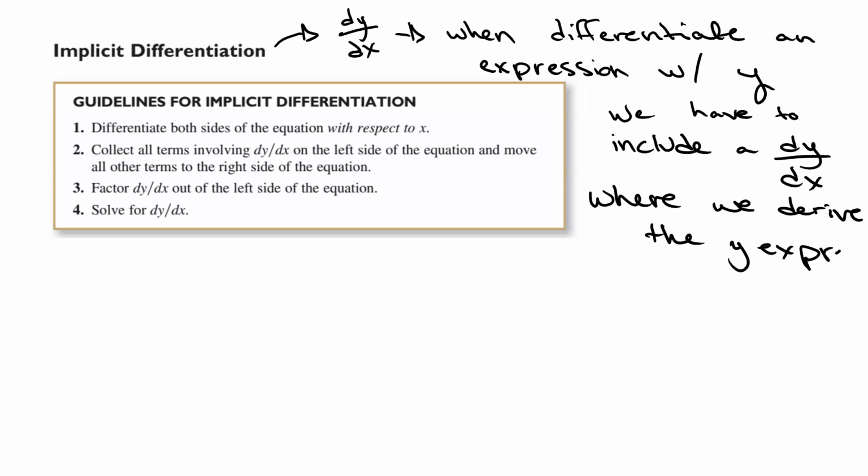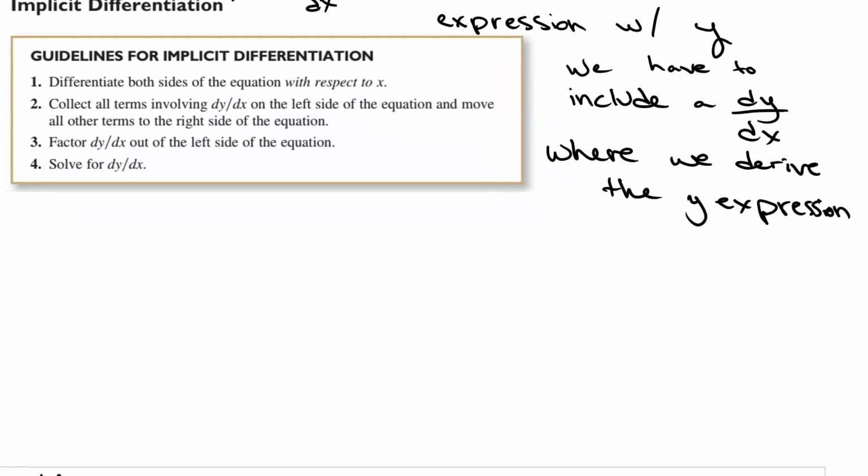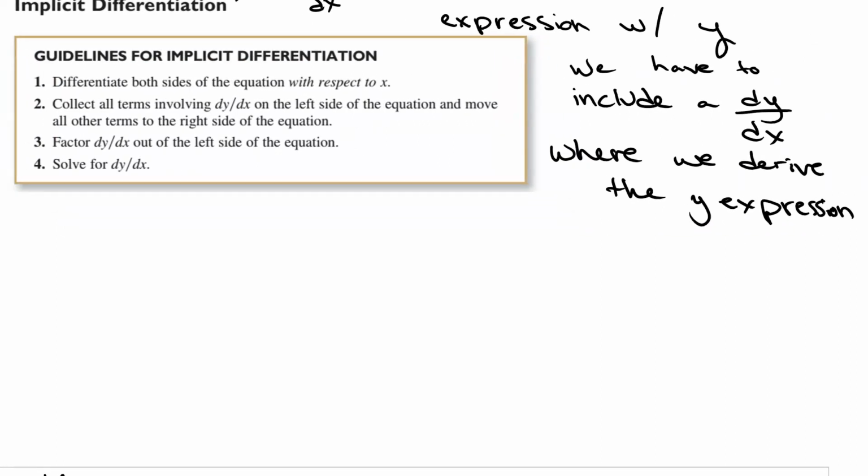So this might sound kind of funky, all right? And we've got some steps here that we're going to follow for these problems. All right, so make sure you write down those steps.